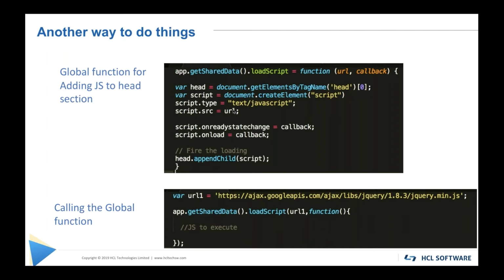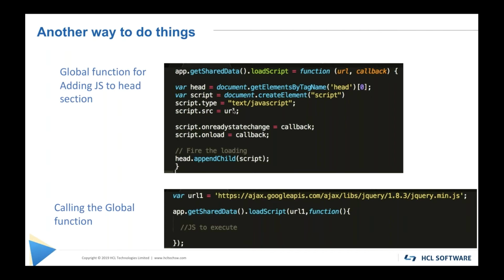Early on I mentioned that these are just web applications, and if you ever look at the index.html or whatever the main page is for a web application, you're always going to see a head section, and that's where you would declare whatever libraries and CSS that you want, right? This is a JavaScript way of taking a URL and putting it there. So if you went and you Googled JavaScript for adding a URL to a head section, you would get this code, right? So it's very standard code.